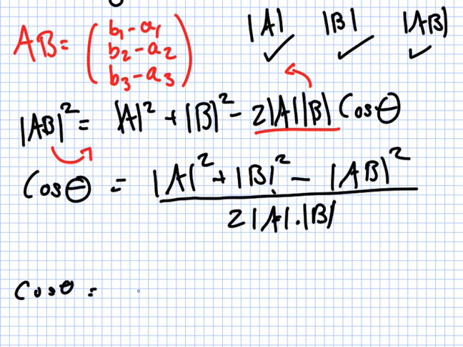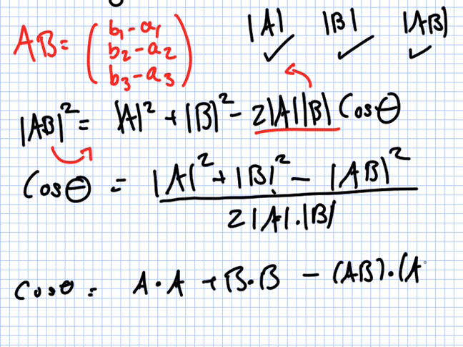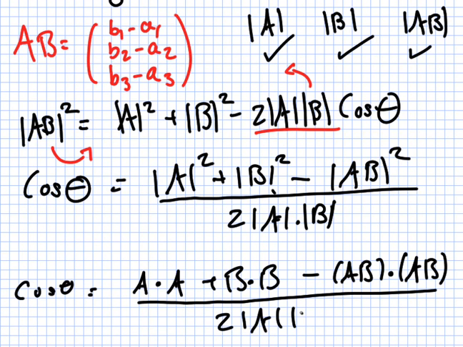So on the top, A squared is just A dot A, and this is B dot B. We did this last time. So on the top we can have A dot A plus B dot B minus AB dot AB all over 2 magnitude A magnitude B.